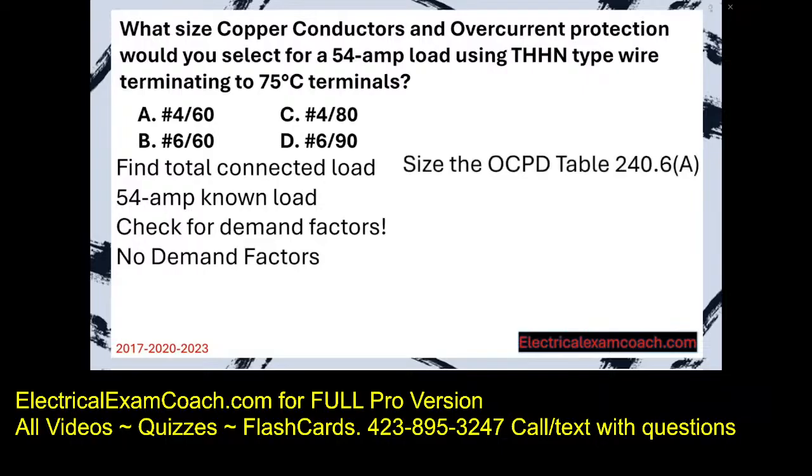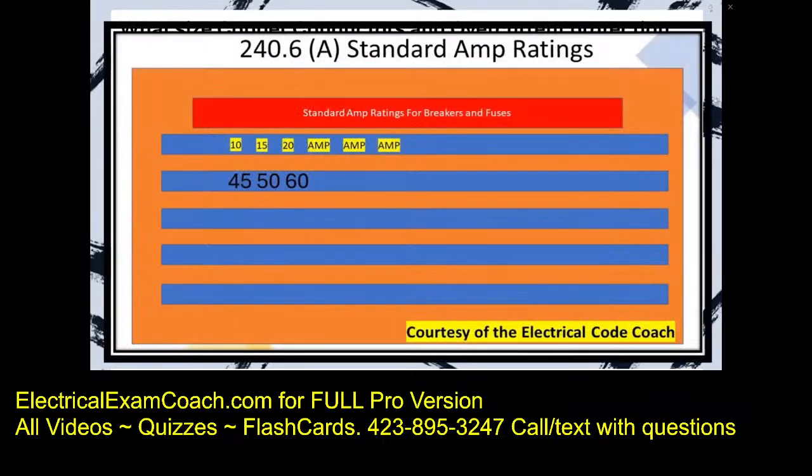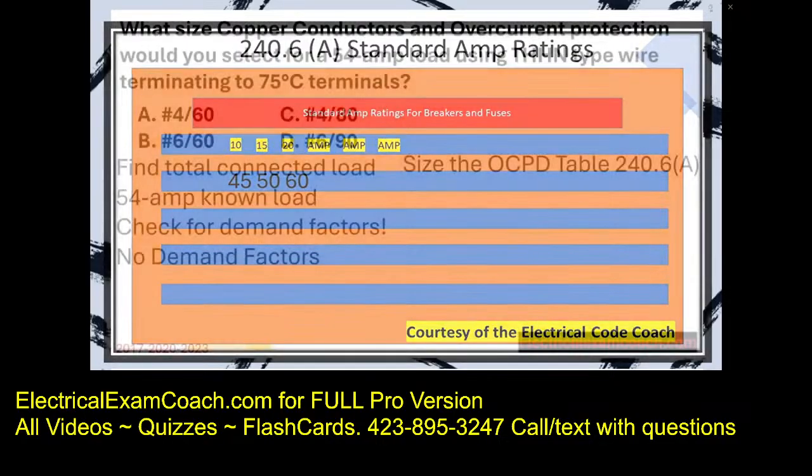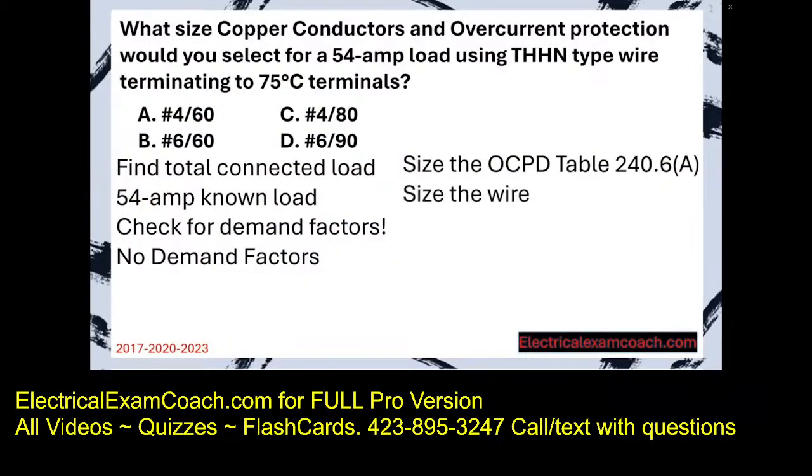Now, what we're going to do is size our overcurrent protective device first. You always size that first. So we head to our overcurrent protective device table, which is 240.6(A), for a 54 amp load. We're going to go down and choose the next standard size up. In this case, it's going to be a 60. Now, let's size the wire.